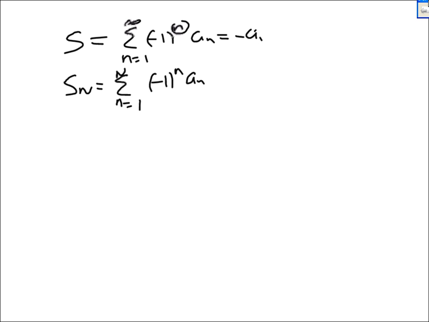It's negative a1 plus a2 minus a3 plus a4, etc. Here we start with negative a1 plus a2 minus a3, and so on, up to, I don't know if it's plus or minus, a sub capital N.